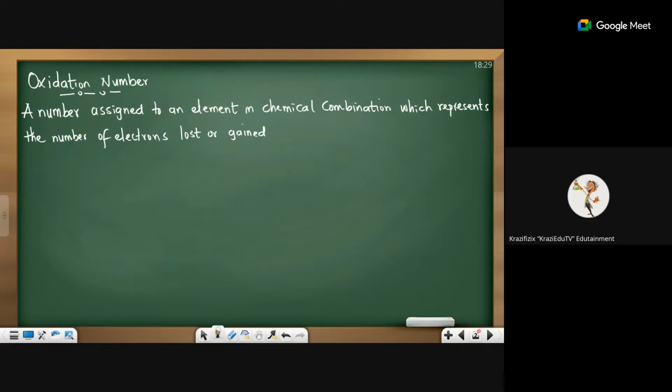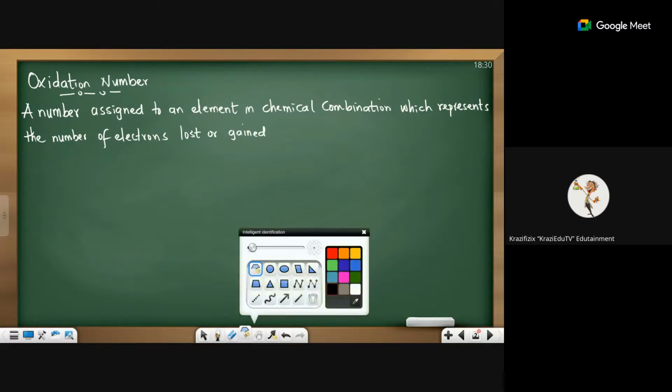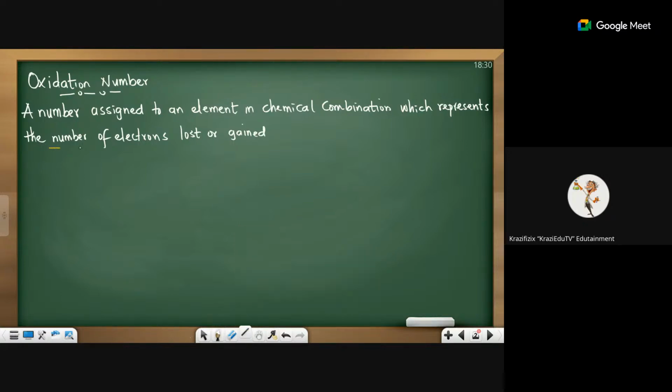Please, that's the key. The number of electrons that is lost or gained by the atom of the element in a compound. Quite a long definition. Just need to understand what it means.